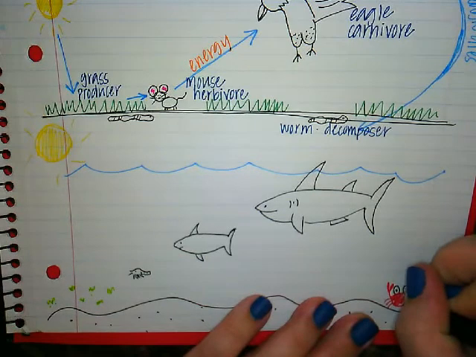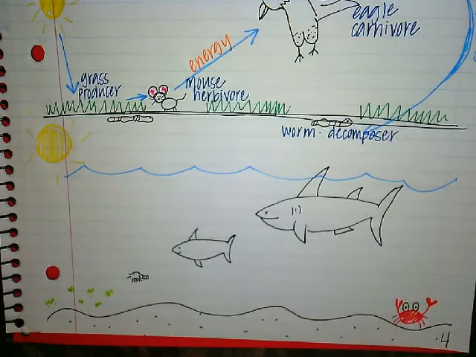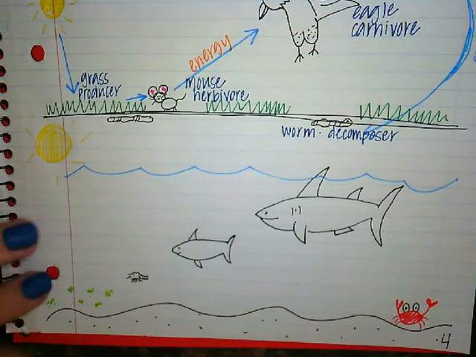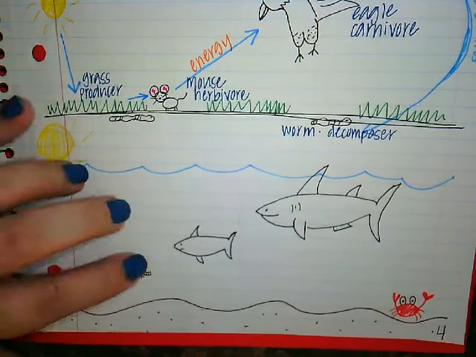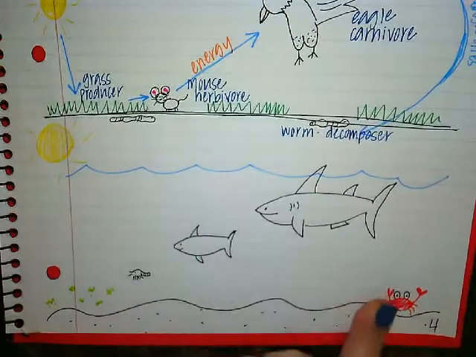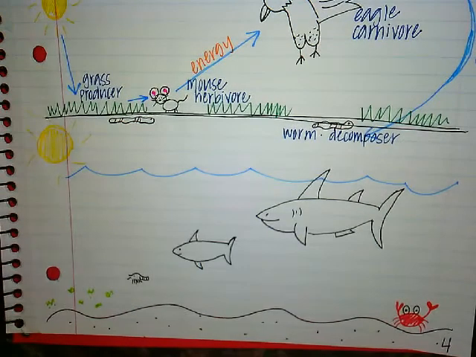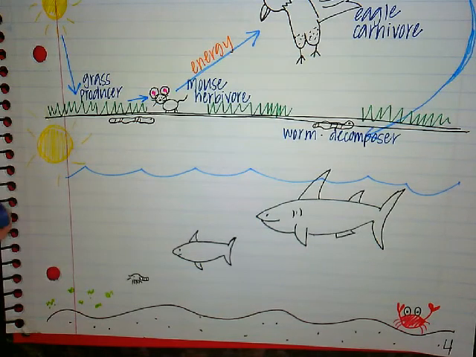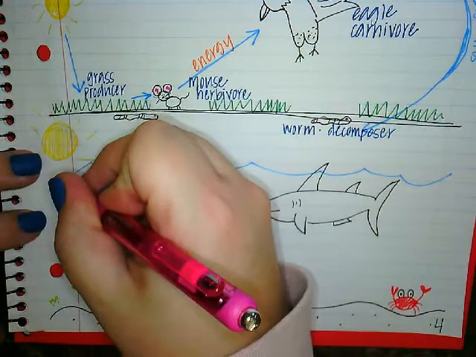Oh, man. There we go. Let's give him some eyes so he looks more like a little cartoon crab. All right. So you should have your phytoplankton, your krill, large fish, shark, and a crab, and your sunshine. So let's go through and track our energy here.